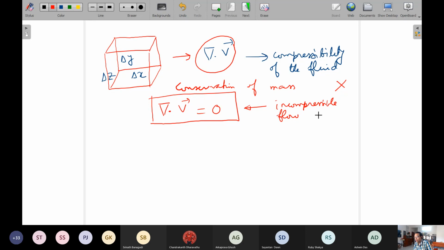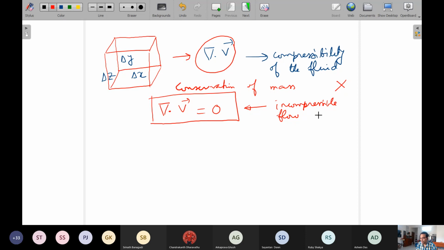Why we say it's a hallmark of an incompressible flow is because we are using flow properties. We can write an equivalent hallmark for incompressible fluid, without directly referring to the flow properties, if we refer to a fluid property like density.